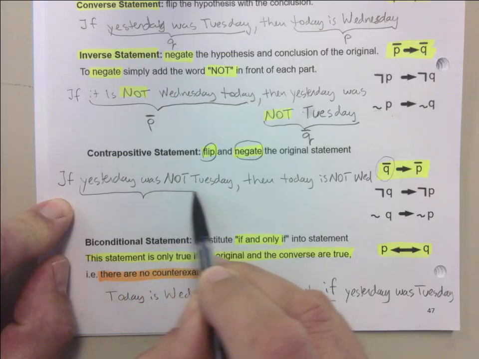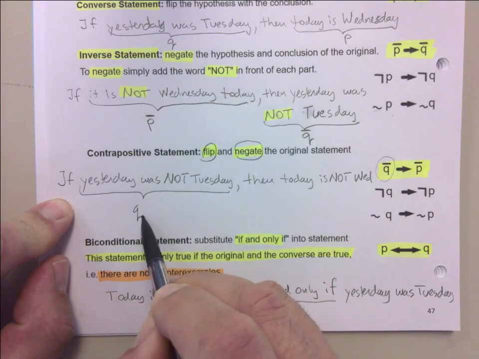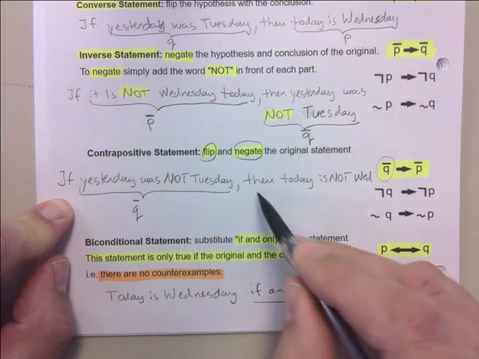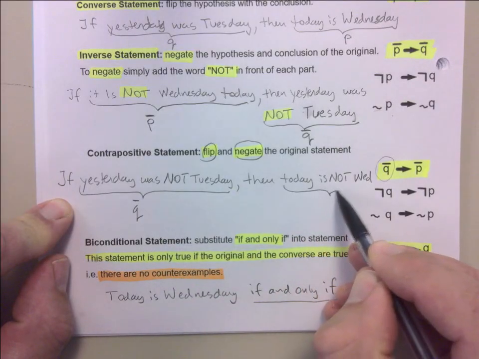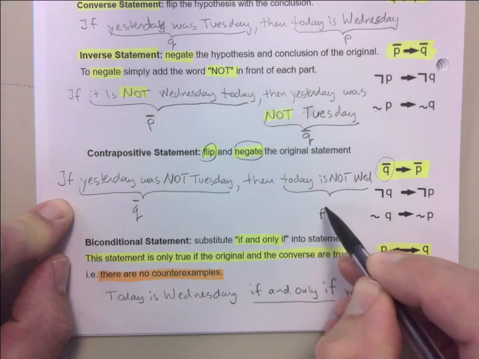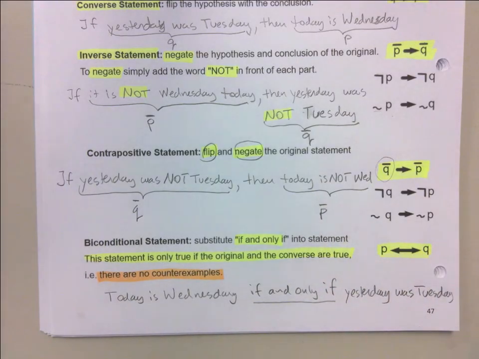This part is not Q, and whatever follows the then, right, it's not P. When is P and Q determined? Like, when do we determine what P and Q is? From the very initial conditional statement. Whatever follows the if at the very beginning is P. Whatever follows the then is Q.